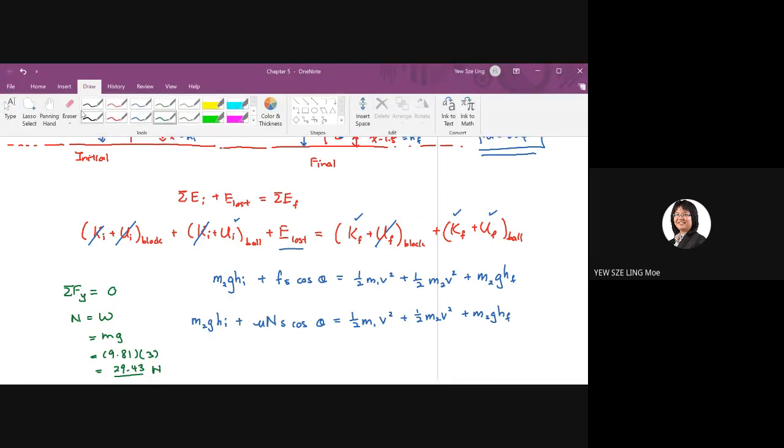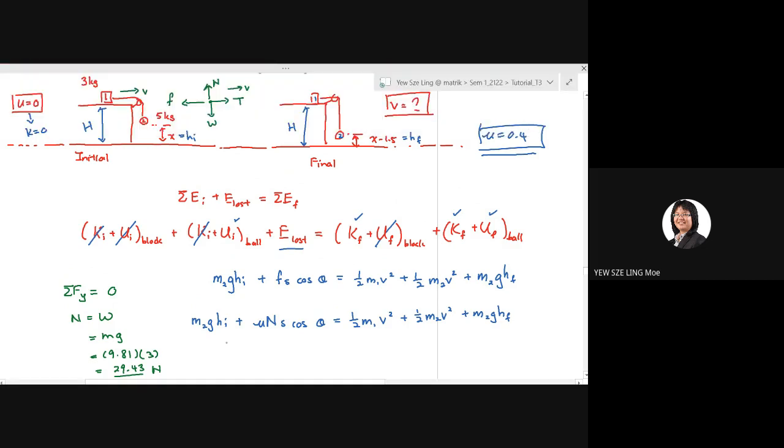I will see if I have enough information to solve it. m2 is 5 kg, with 9.81 and initial height x, plus mu is 0.4 times N, which is 29.43. Now how about s? It tells you the object drops by 1.5 meters, so this block will also move by 1.5 meters. Then cos 180 degrees, because it's energy loss.